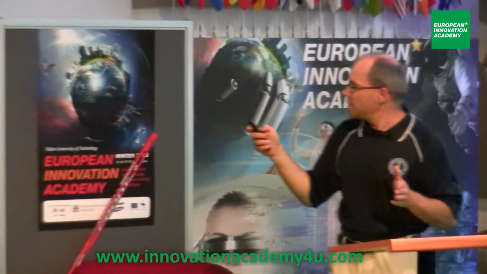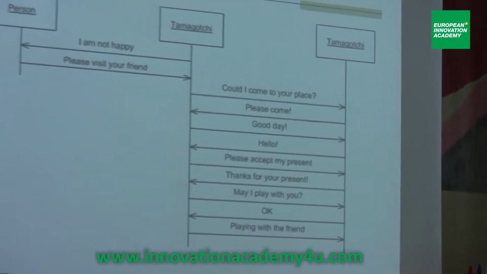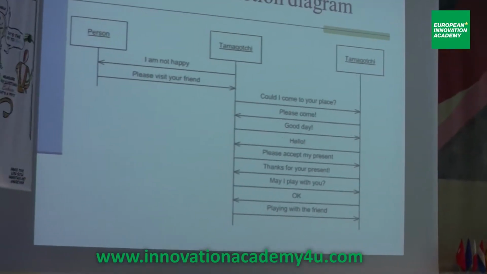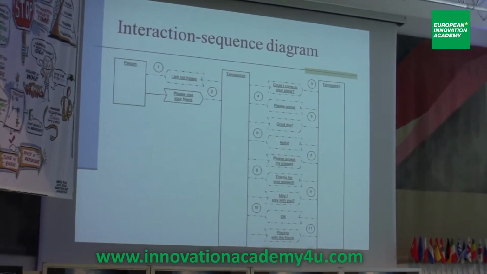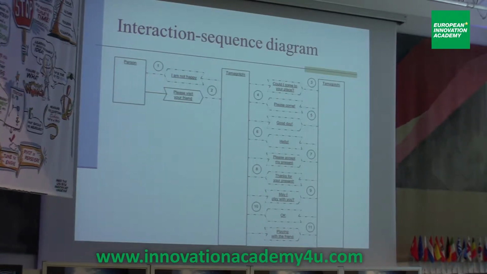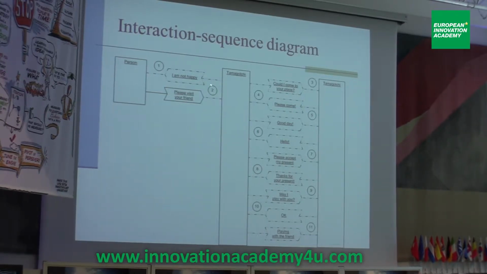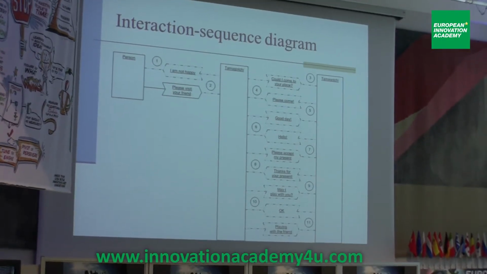But basically it is the same kind of model. There is no fundamental difference between this model, the UML style interaction diagram, and that model, which is called interaction sequence diagram. The only two differences are that here we distinguish between messages exchanged and physical interactions, and here we have numbered interactions between agents. So are there any questions about these diagrams?